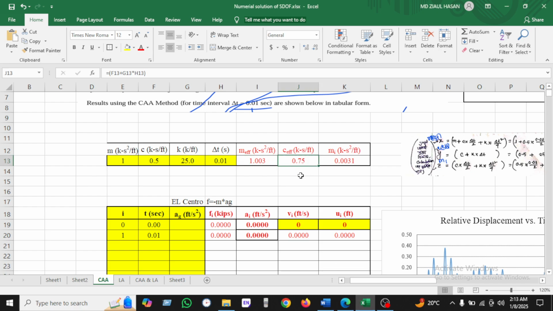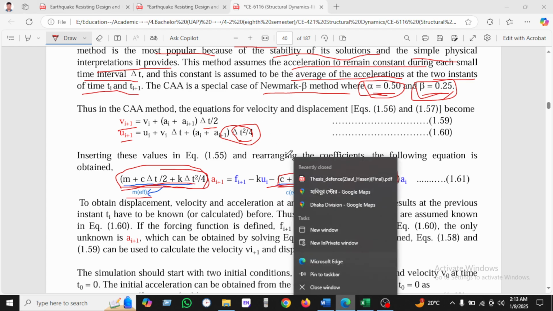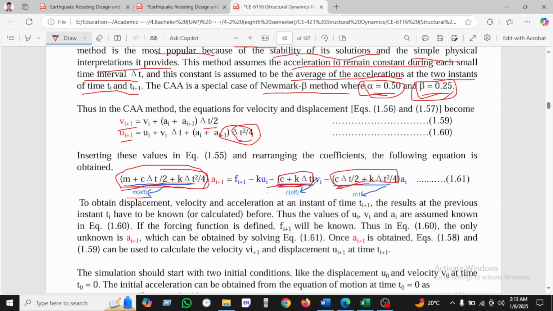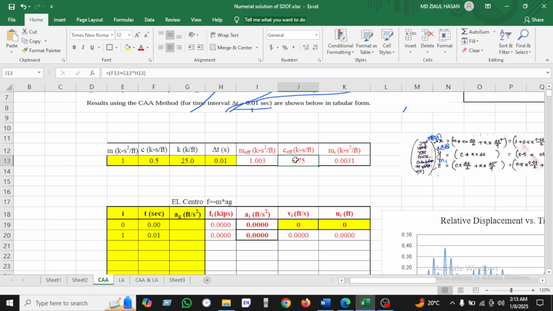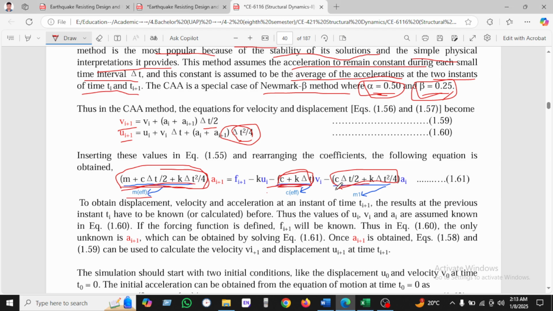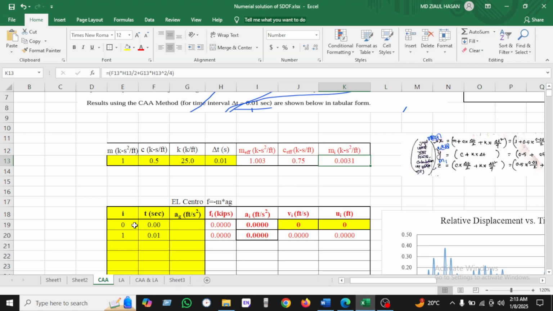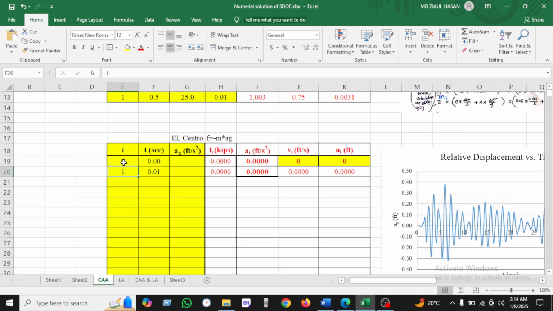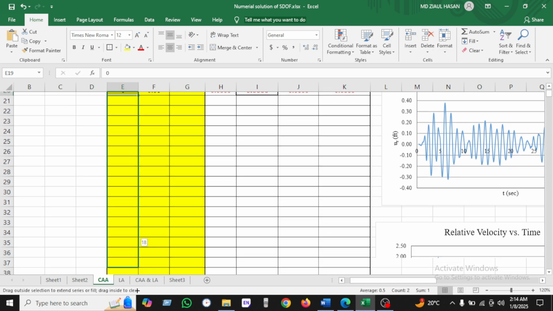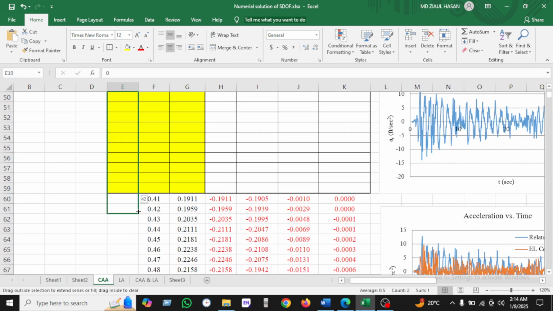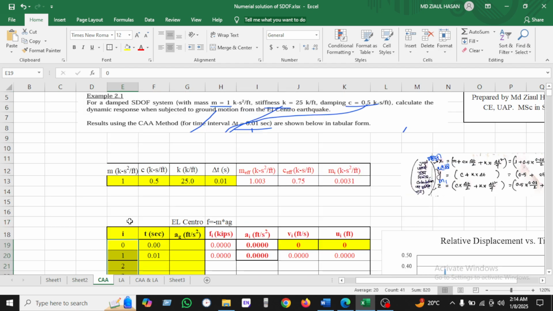How will we get the C effective? C effective is this portion we are taking, C plus K times delta T. So we are taking C effective and M1 effective. And we know the intervals, how many intervals we want to do: 0, 1, 2, 3, 4. We are taking 40 steps.